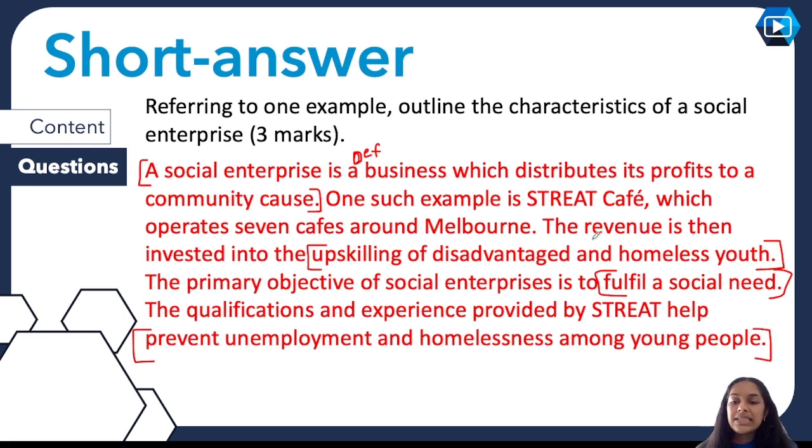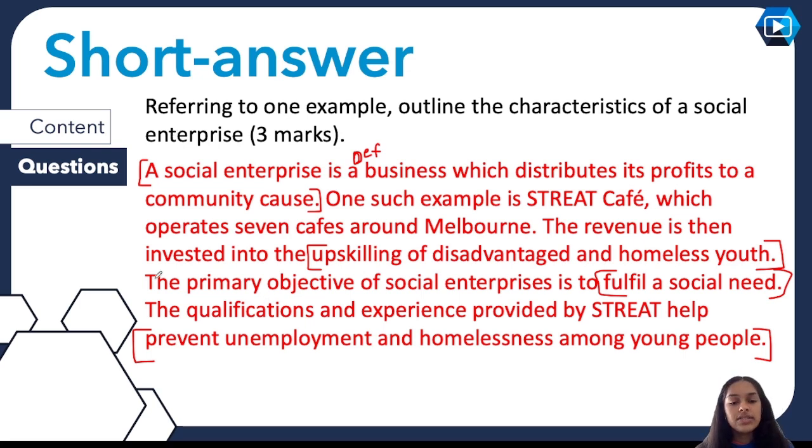Essentially, how this question has been tackled is they've used one example, and through that example, they've answered that second part of the question, which is asking you to outline the characteristics of that social enterprise. I think that's probably an efficient way to answer the question, rather than outlining the characteristics generally and then separately using an example to try to relate to it.